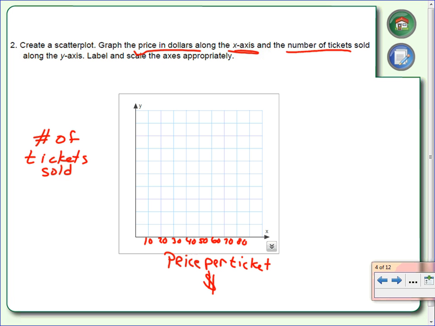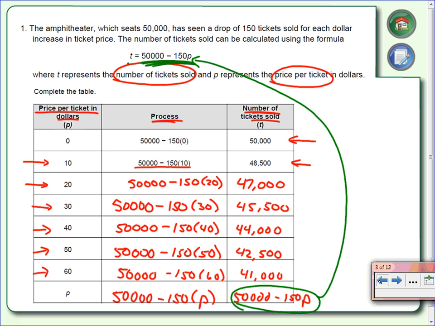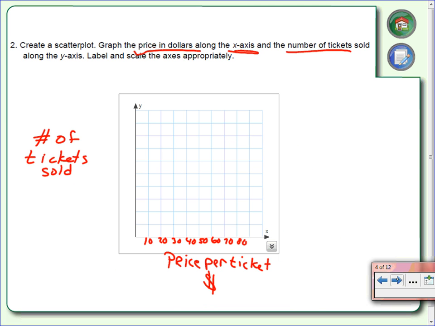The y values are even bigger. If you look at that table that we had, you'll notice that the biggest y value I had was 50,000. So obviously if I count by ones, I'm not going to make it all the way up to 50,000. Go by 10,000. All right, let's do 10,000, which means the next one would be 20,000.